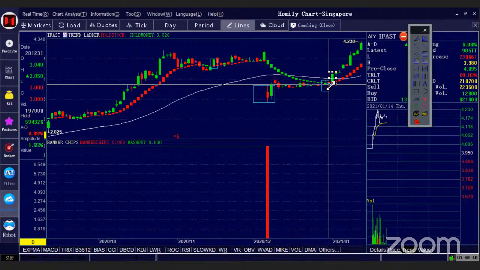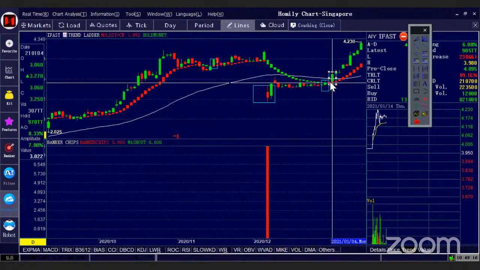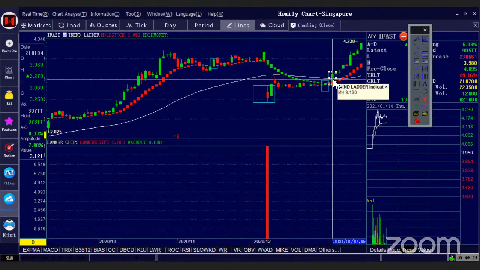Trend plus fan. Don't forget about trend, trend is important to check. You see when the trend ladder finally turned red and the price began to move up, and the double confirmation is the price breaking up the main line of the trend ladder. So this is one case, one of the Singapore stocks I have traded.